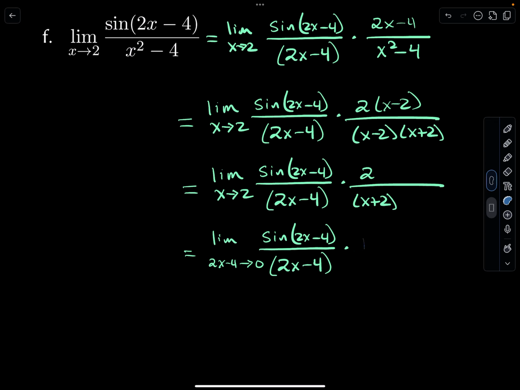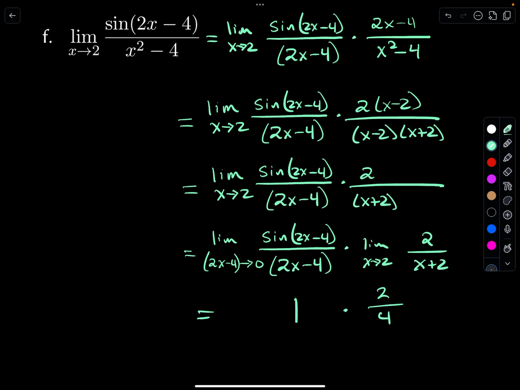We can multiply this by the limit as x approaches 2. Put parentheses around this. Okay, so this goes to 1, and this is easy to compute. So my final answer there, 1/2.